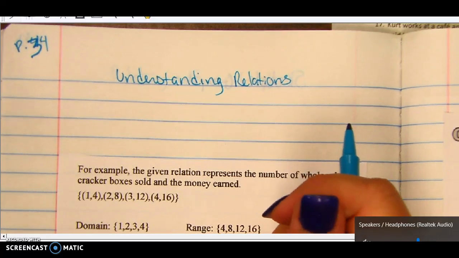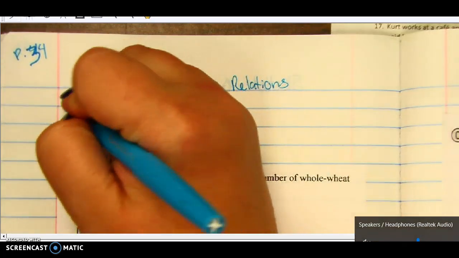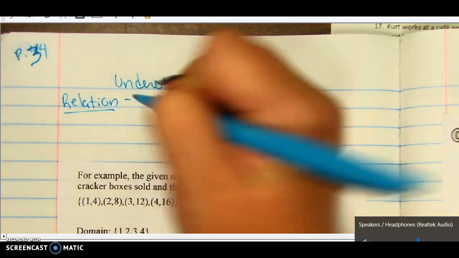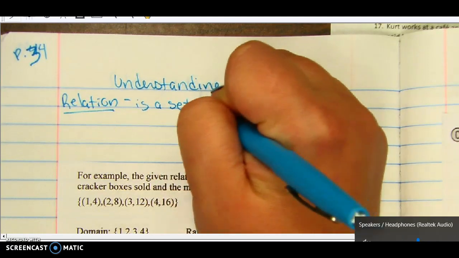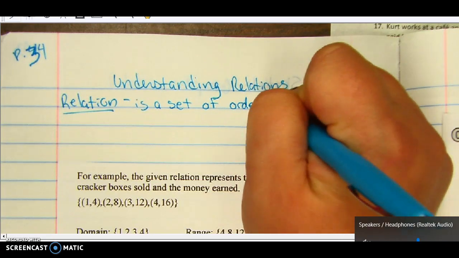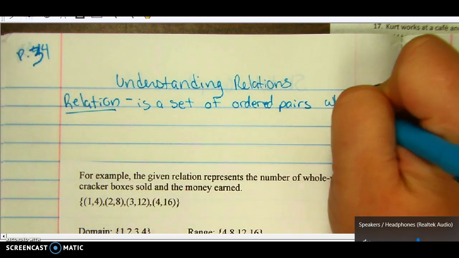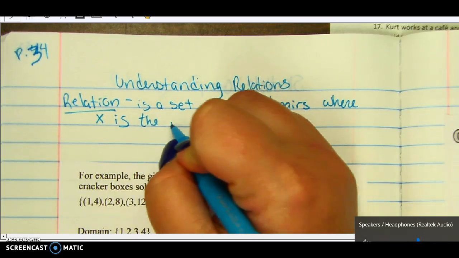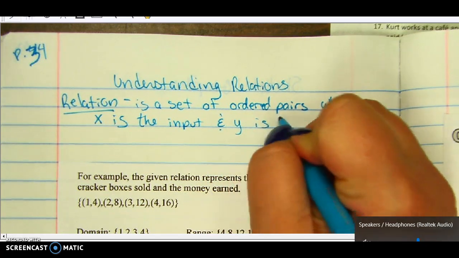The next page in our notebook is page 34, Understanding Relations. So first of all, we need to know what a relation is. A relation is a set of ordered pairs where X is the input and Y is the output.